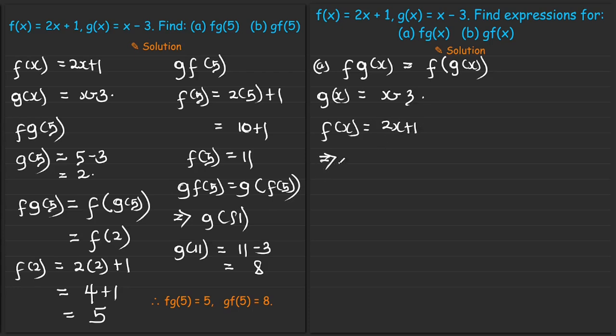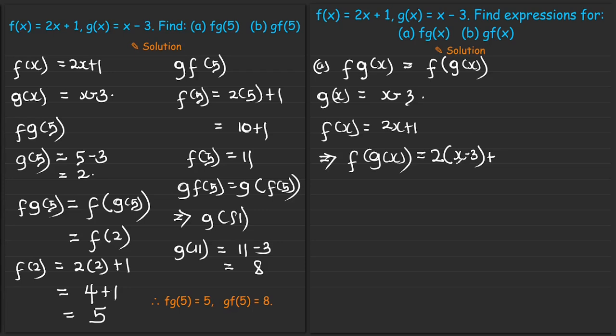So if you want f of g of x, wherever we see x, we should put the whole of g of x. Then it's going to be 2, and instead of the x, we're going to put g of x. Meanwhile, g of x is all of this, so into bracket x minus 3.